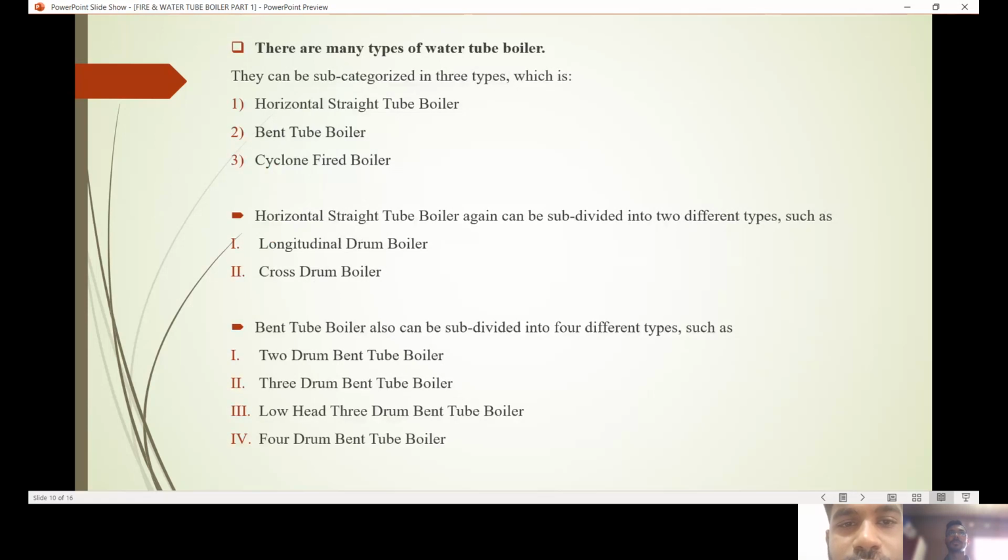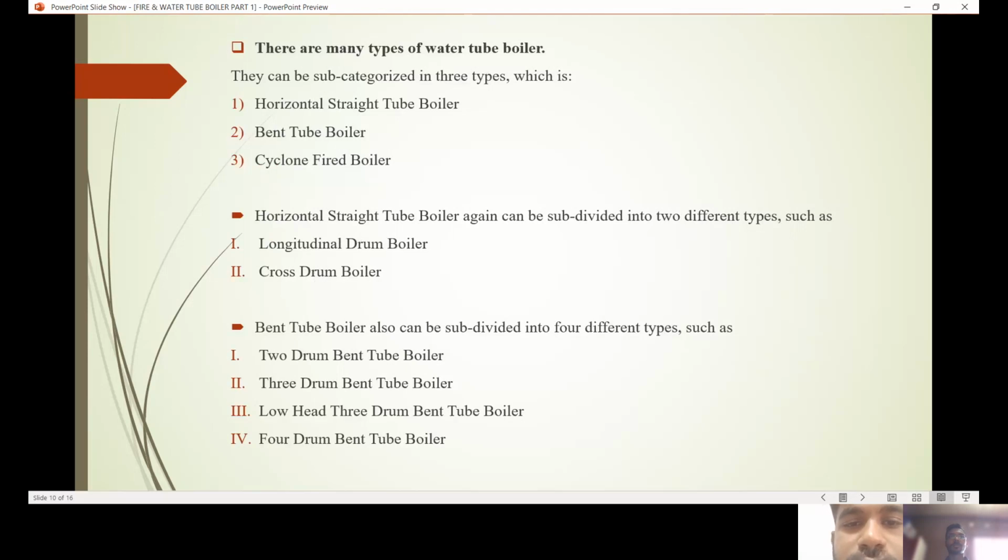There are many types of water tube boiler. They can be subcategorized into three types: first, horizontal straight tube boiler; second, bent tube boiler; third, cyclone fired boiler. Horizontal straight tube boiler can again be subdivided into two types: first, longitudinal drum boiler, and second, cross drum boiler.